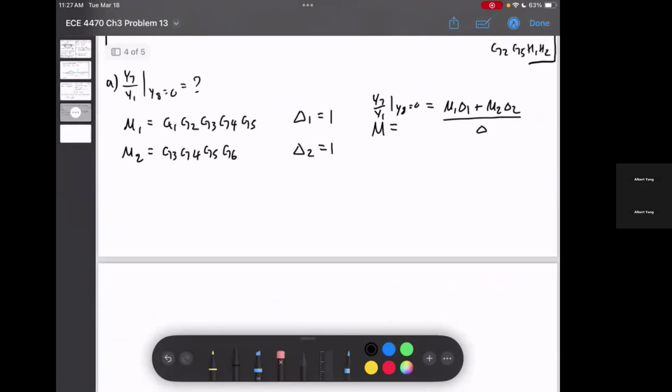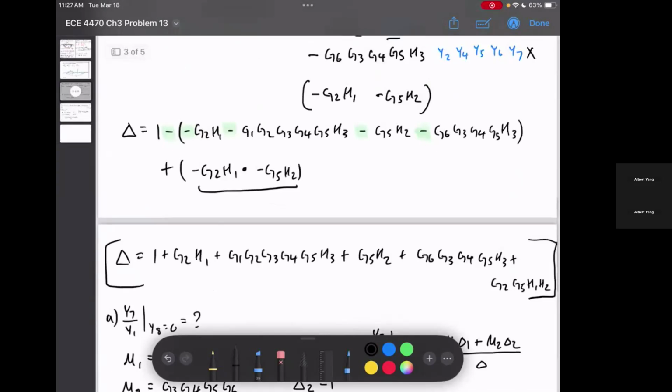Then we can substitute, and that would just be G1, G2, G3, G4, G5 times 1 is just the same, then plus G3, G4, G5, G6. Then divide by the determinant. And the determinant is usually pretty long, so it's usually acceptable to just leave it as this, as long as you highlight that you've already found the determinant earlier.